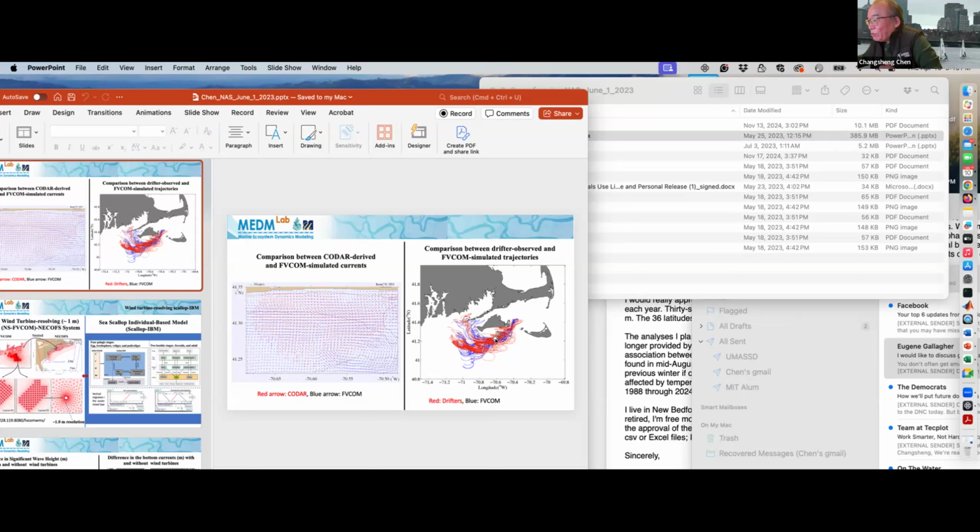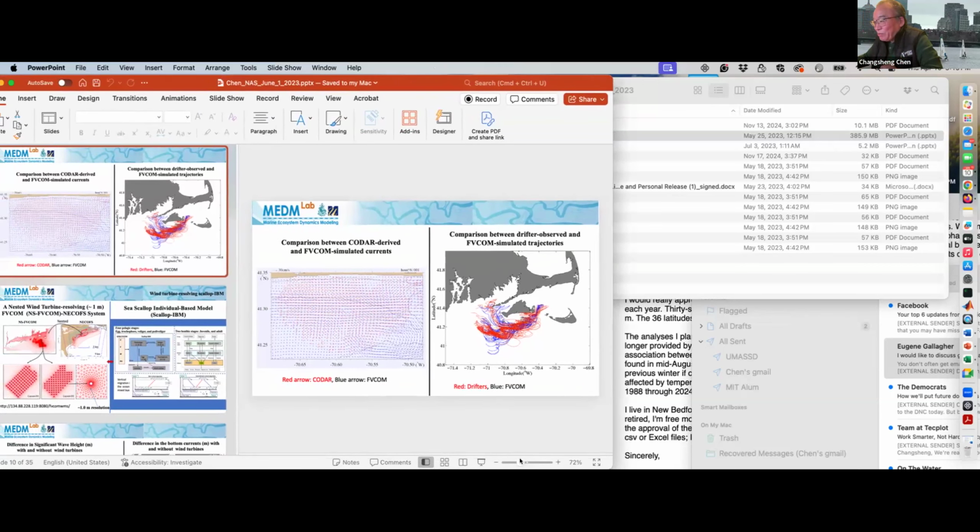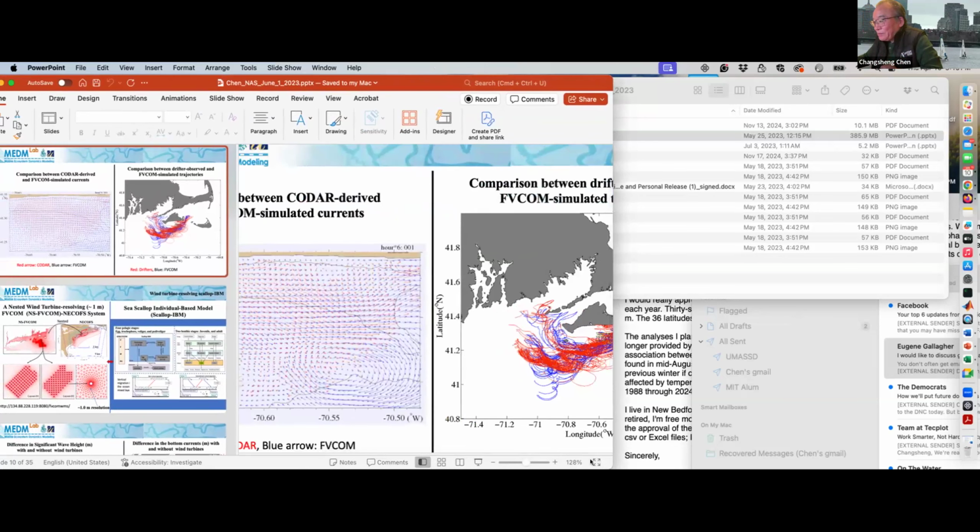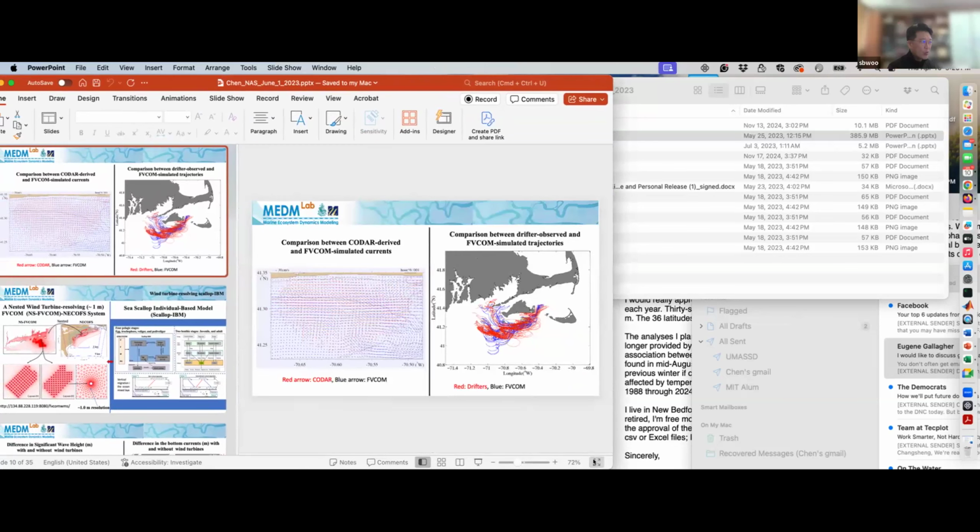The red ones are observation drifters. We just put many drifters there. Each line is one drifter, not one trajectory. Many drifters, and each line represents one drifter.